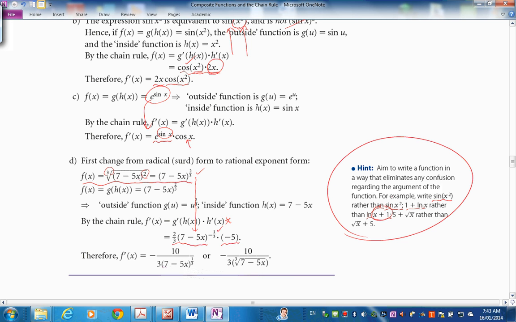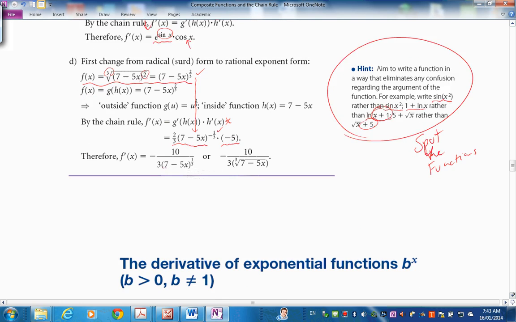And 5 plus root x rather than root x plus 5, so you don't include that under the root sign. Get the idea? Spot the functions. That's the important idea here. And then do the derivative of each one, according to our rule and what we established earlier. Alright, are you ready? Okay, there it comes.